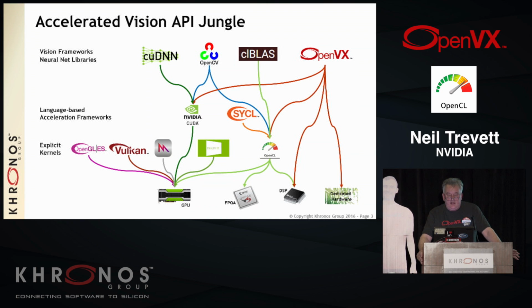And in the NVIDIA ecosystem, cuDNN is a highly optimized linear algebra library, which is great for running neural nets. And in the OpenCL ecosystem, there are libraries that do the same thing. CLBLAS, for example, is a linear algebra library that people typically would use for running neural nets. So this gives you a pretty good overview. Let's start looking at some of these things in a little more detail.